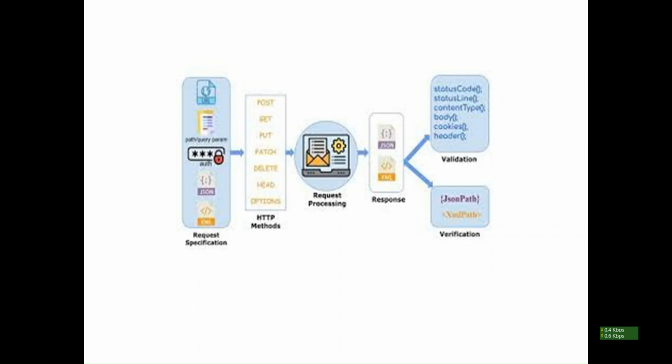We extract the response from the server and do different validations like status code validation, status line validation, content type validation, body, cookies, and headers. We also verify the JSON path and the XML path. So this is what we do in Rest Assured.